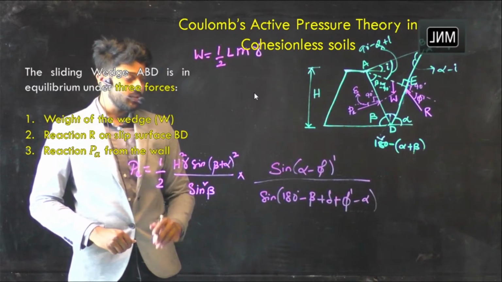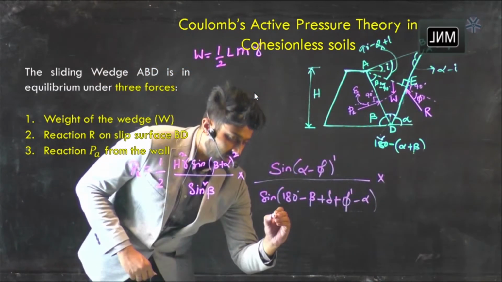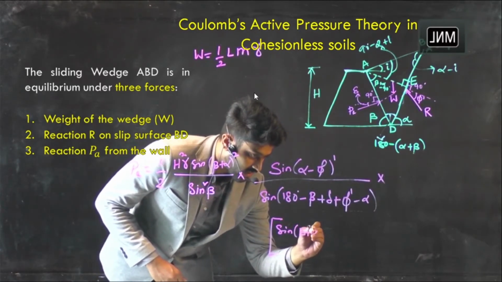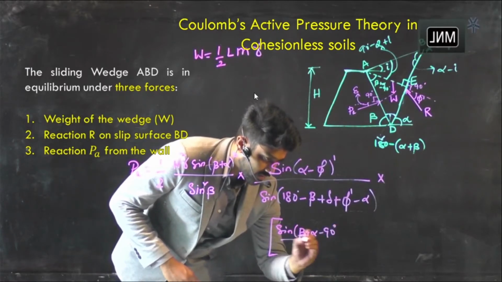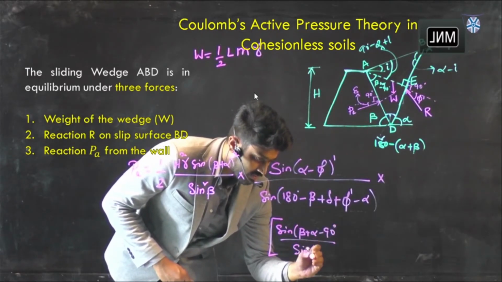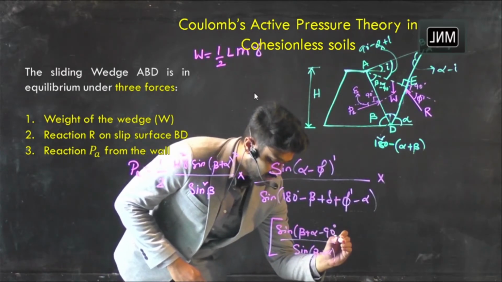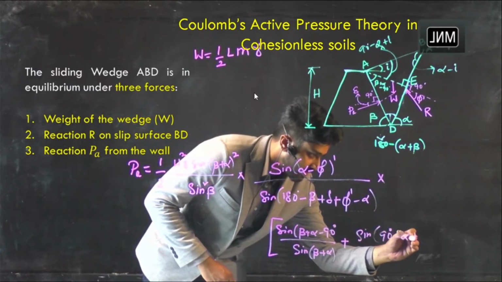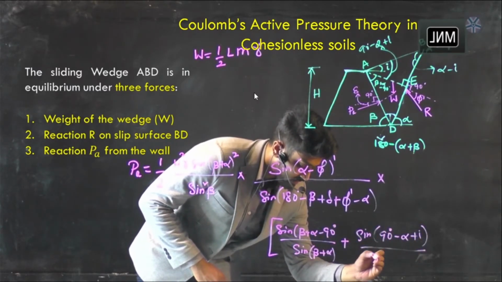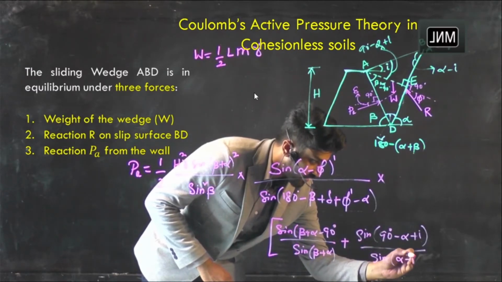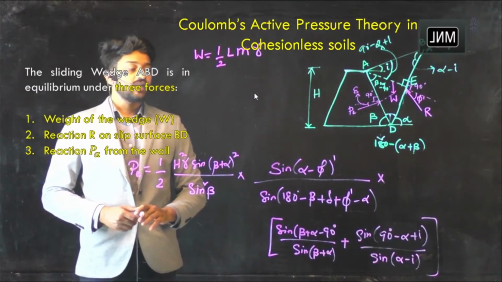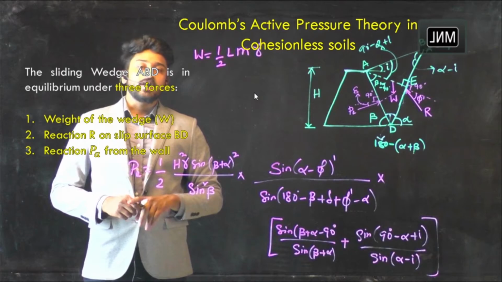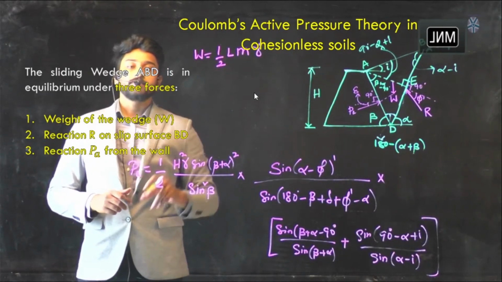Okay, this is one term, and whole multiplied by sine of beta plus alpha minus 90 by sine of beta plus alpha plus sine of 90 degree minus alpha plus I by sine of alpha minus I. Okay, so this is the final expression what you will obtain after substituting the value of W in the earlier equation PA, as well as we know LM what we have derived.